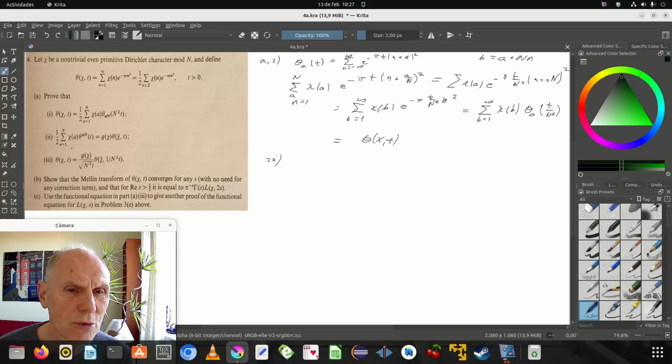So which side should we start on? The left hand side or the right hand side? Let's try the left hand side.